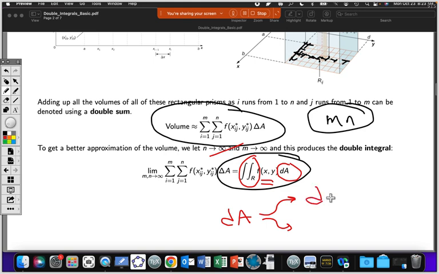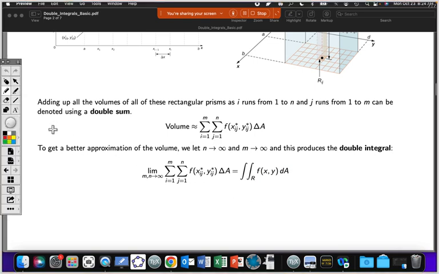For right now, we can either think of that as a dx dy or a dy dx, depending on how you want to chop things up first. But that area differential represents an infinitely small square, or rectangle, I guess it doesn't matter.